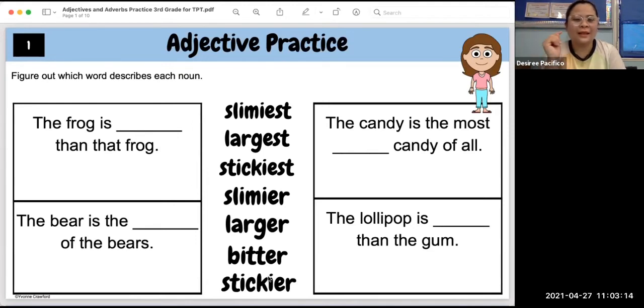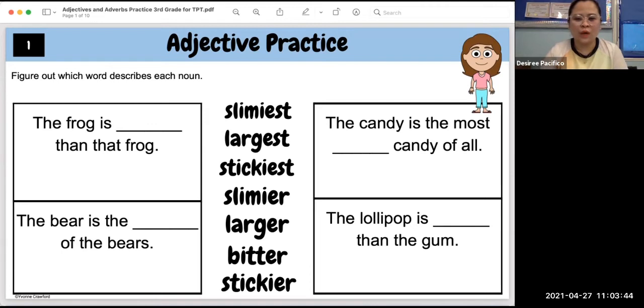Okay, let's move to the first sentence. The frog is blank than that frog. So how many items were we comparing here? Yes, we are comparing two items, two frogs. So we are going to look at comparative adjectives since we are comparing two items.